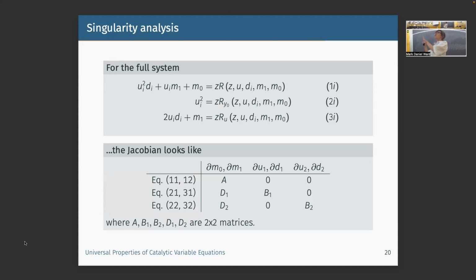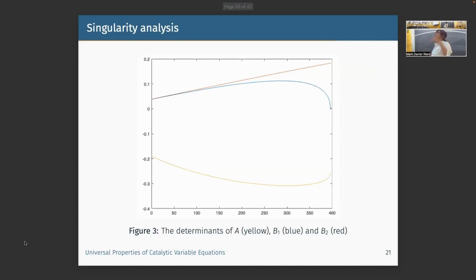Otherwise, the implicit function theorem would give us extensions. This Jacobian has a very nice form: it's a block matrix of 2 times 2 matrices. So the determinant factors into the determinants of A, B1, and B2. I'll show you a plot of how these determinants usually behave.